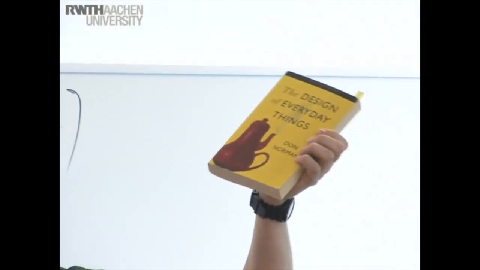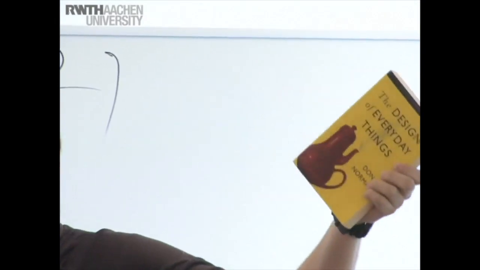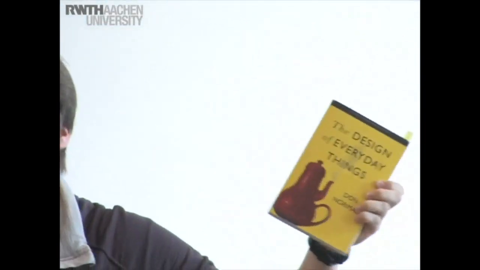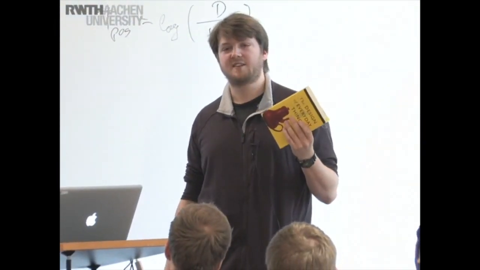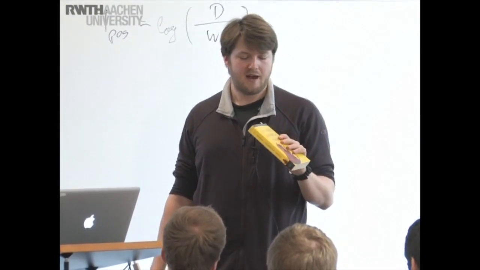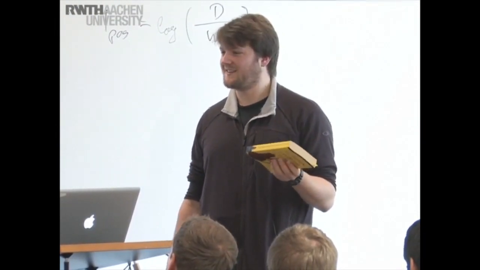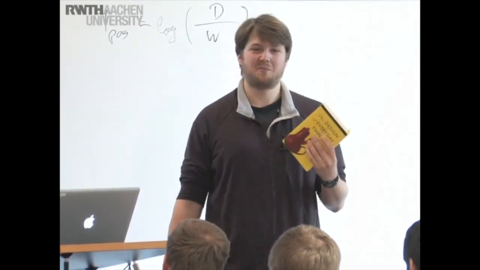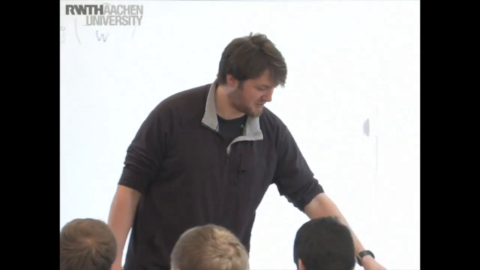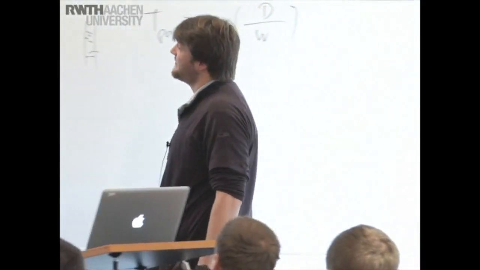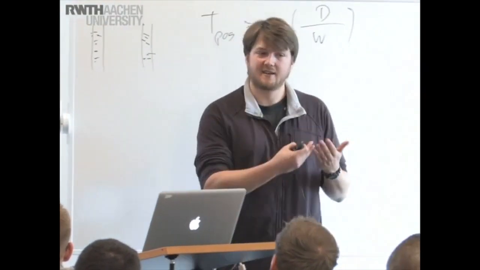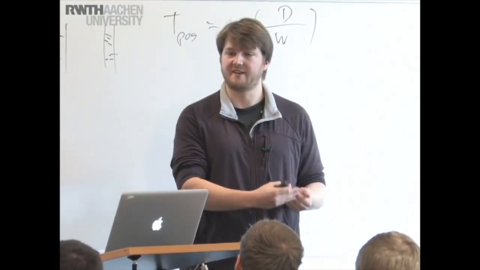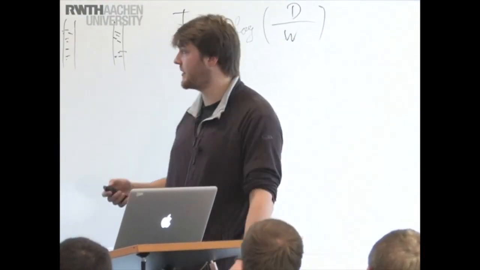I think there are some in the library, but if you're generally interested in HCI and want to take part in this class, get this book because it's also very entertaining to read. There are more examples of badly designed doors, where people get lost going through a set of doors. It covers a lot of the content that we're presenting here, so this is the required reading we have.